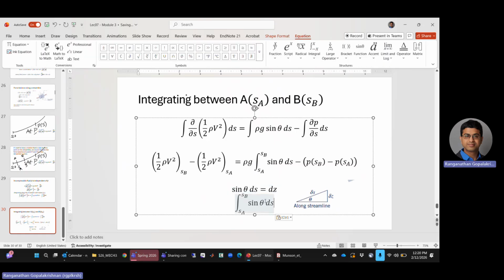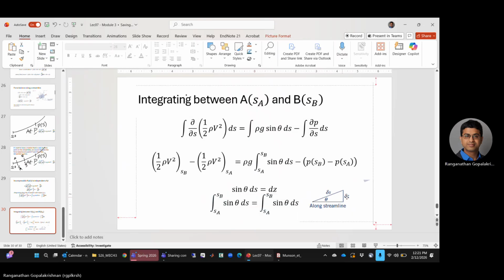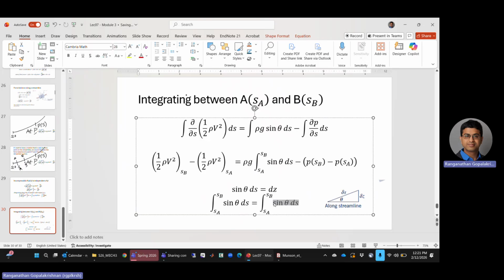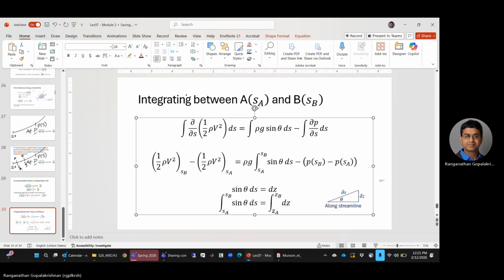Instead of this, I can write this is equal to the integral of dz, and the limits will be ZA and ZB. How about that?